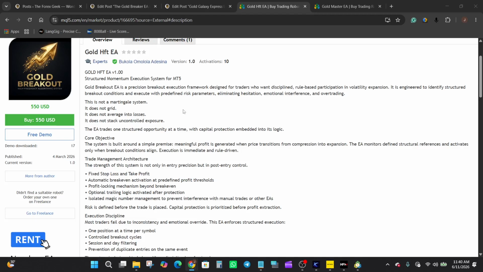One thing that stands out immediately is the strong emphasis on discipline. The EA is built to avoid martingale, grid trading, or any form of averaging into losses. It strictly takes one structured opportunity at a time, which already suggests a controlled and rule-based execution style.